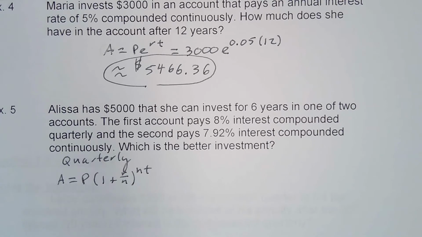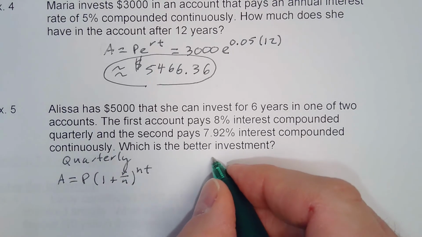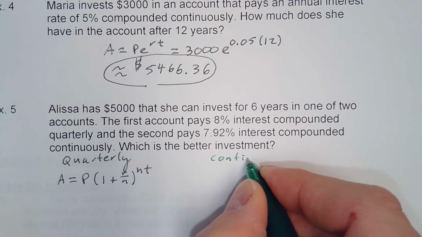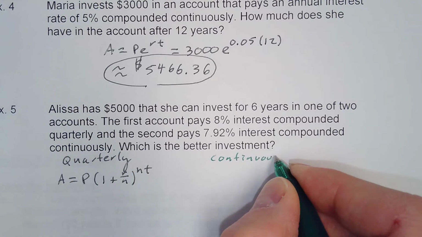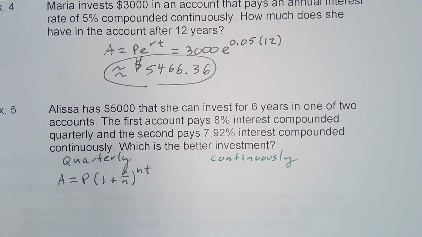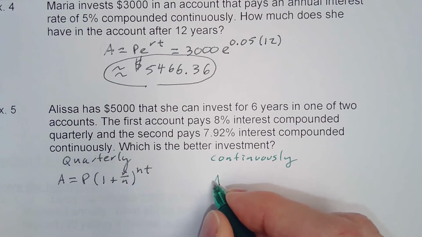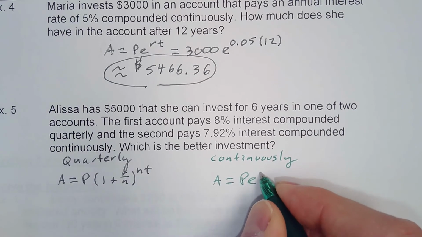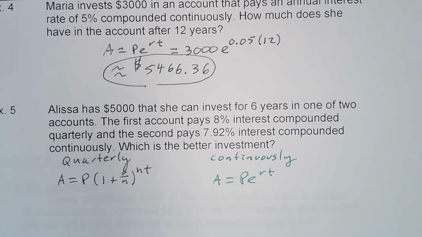For the continuously, we're going to need to use A equals P e to the rt. So let's plug in our values.